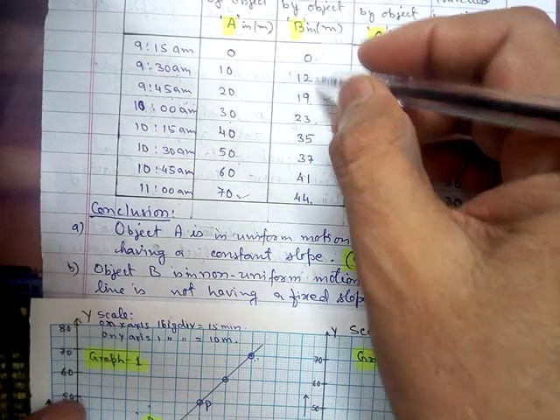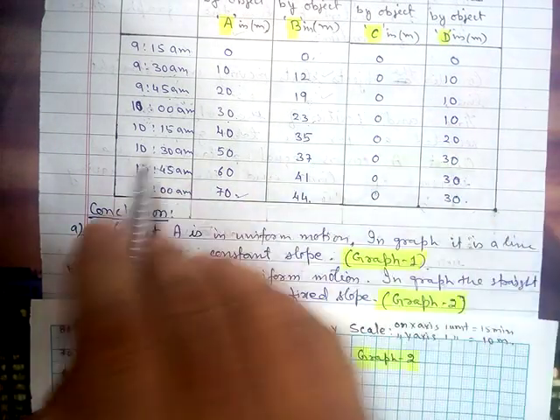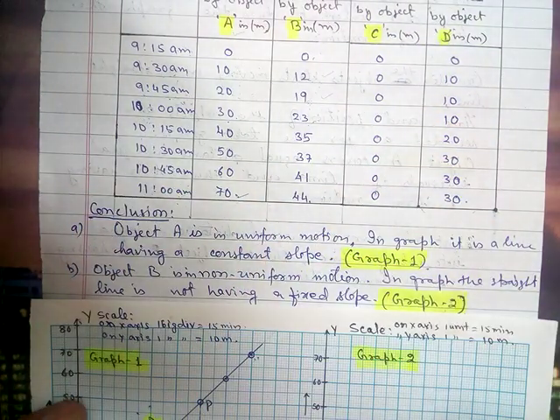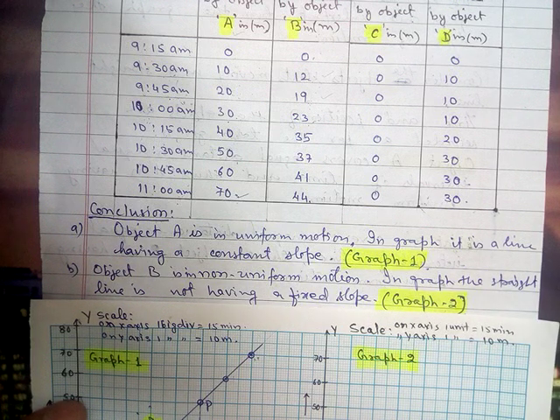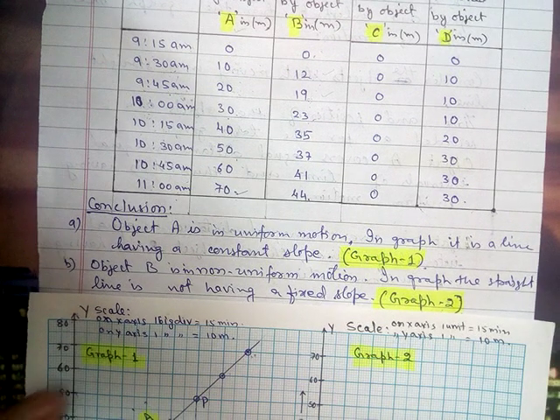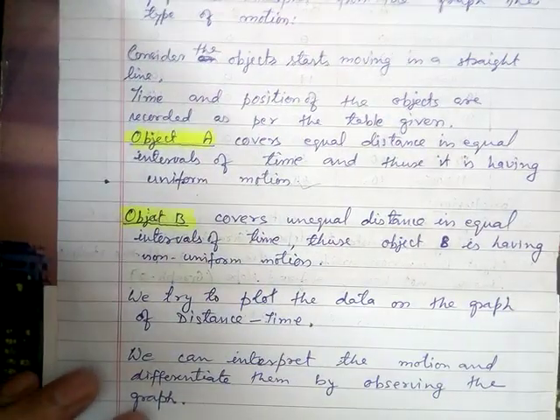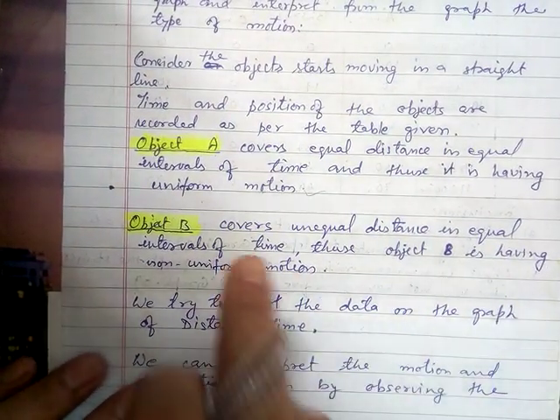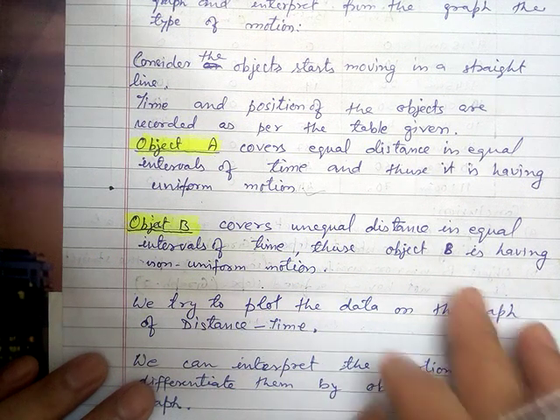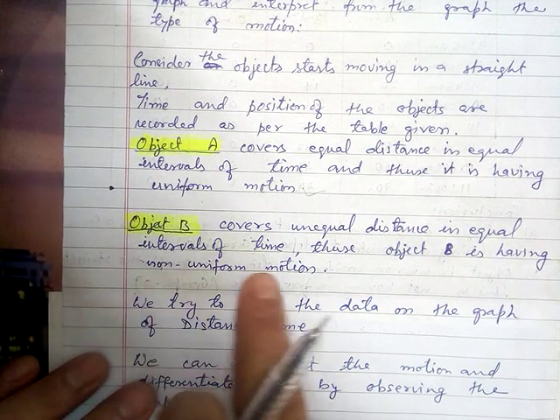In this way it's not the same in every 15 minutes, and thus if the distance covered is not the same in equal intervals of time, that shows that object B is having non-uniform motion.